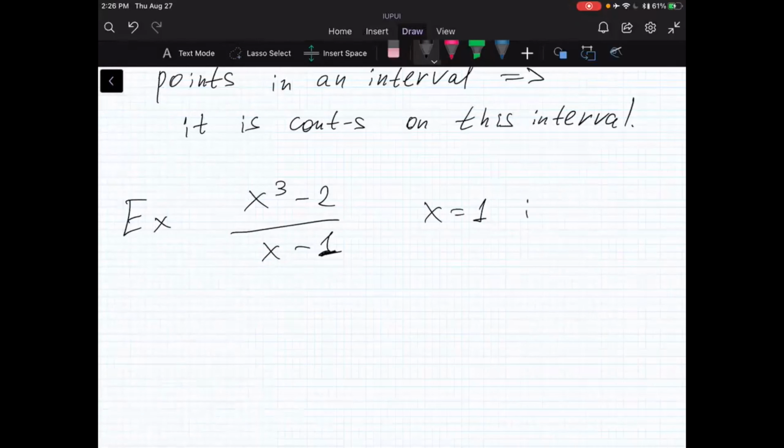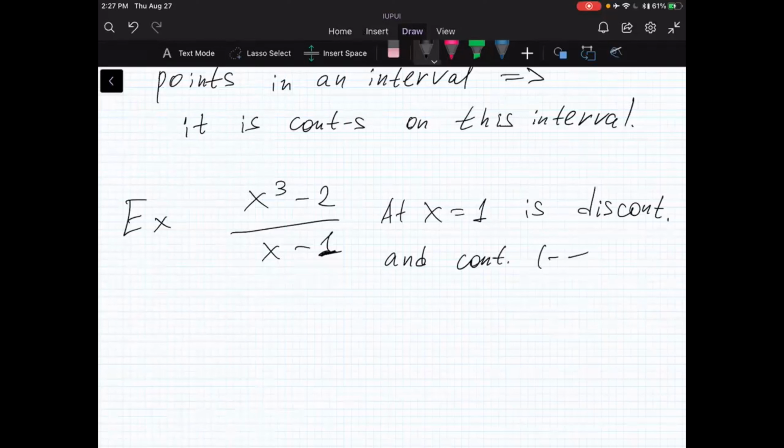It is discontinuous there, but everywhere else it is continuous. So it's continuous from minus infinity to 1 and from 1 to plus infinity.